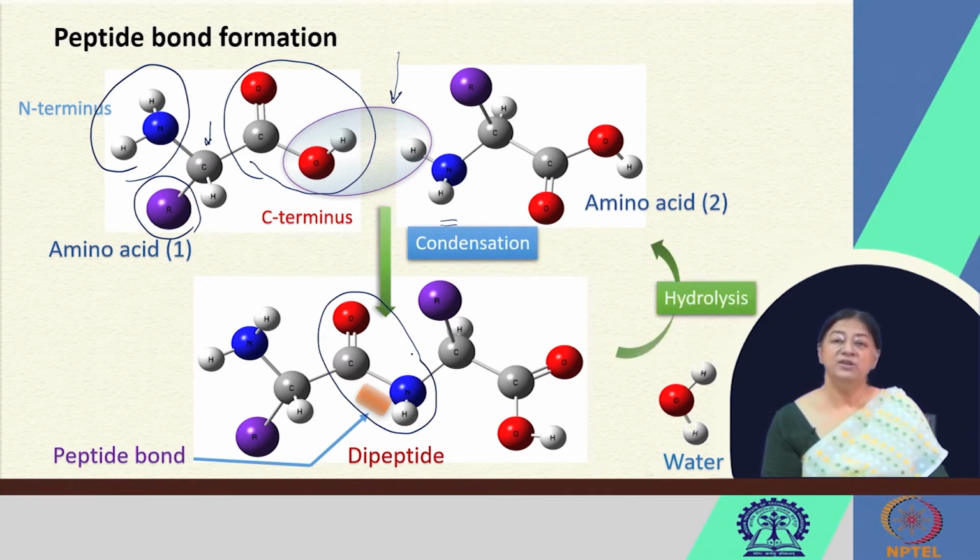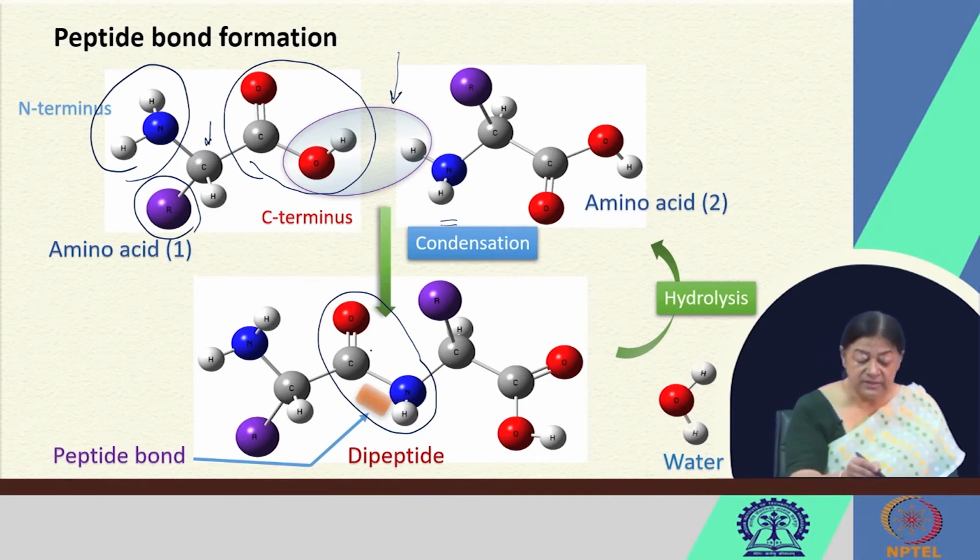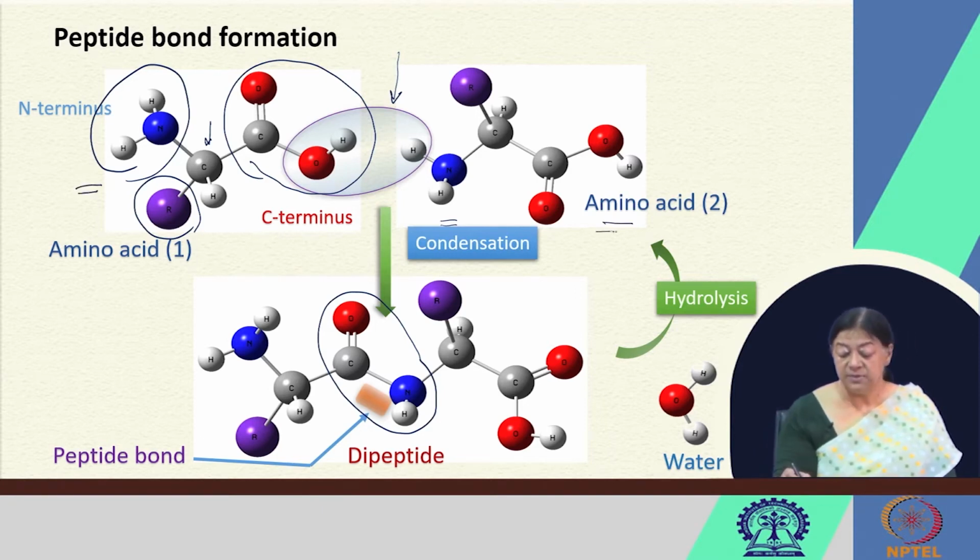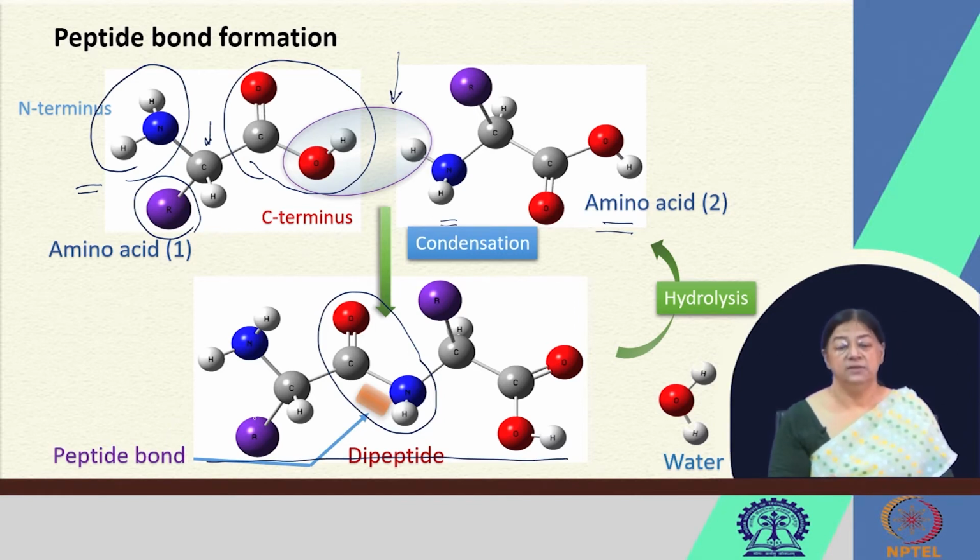We can also have hydrolysis, where we can break this peptide bond into the two individual amino acids that it was comprised of. But in this formation, we have to know that very importantly, it is the N terminus and the C terminus of the peptide that is important here. So, whenever we write the sequence, which we will see in a subsequent class, what do we mean by the sequence?